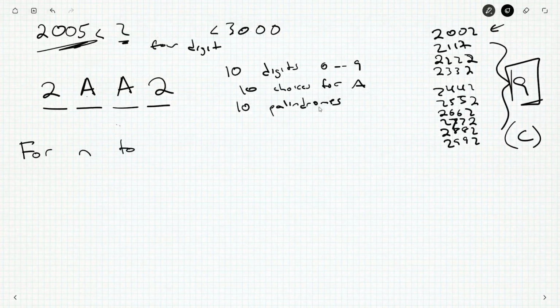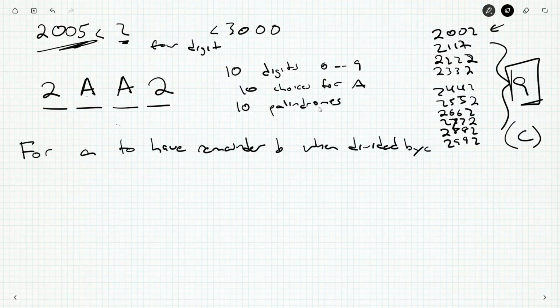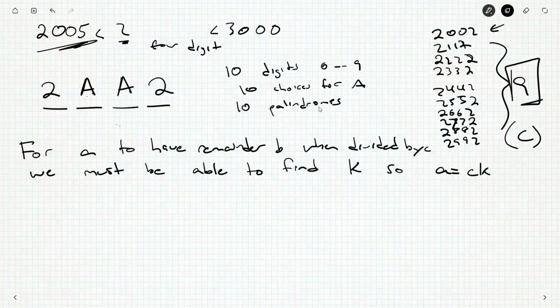So for n, well, we're using n in the question. For a to have remainder b when divided by c, we must be able to find an integer k so that a is ck, a multiple of c, plus b, and of course we also need b to be less than c.